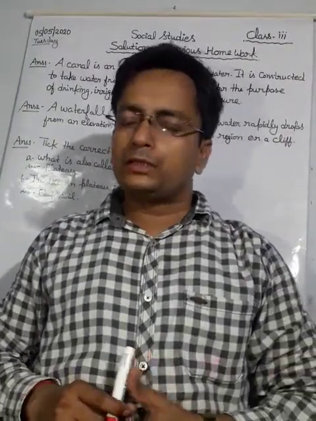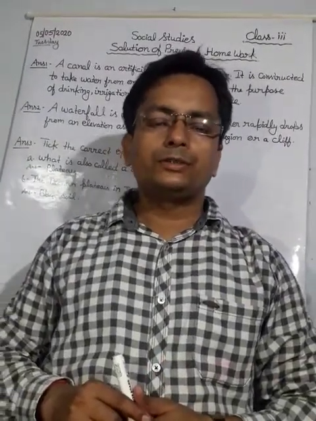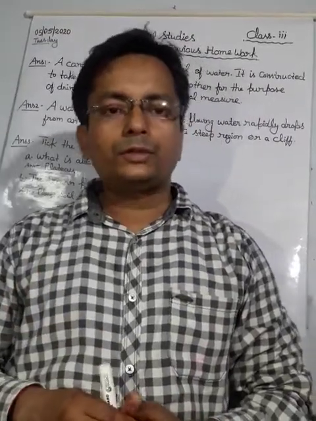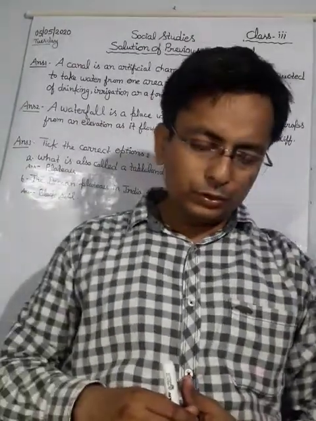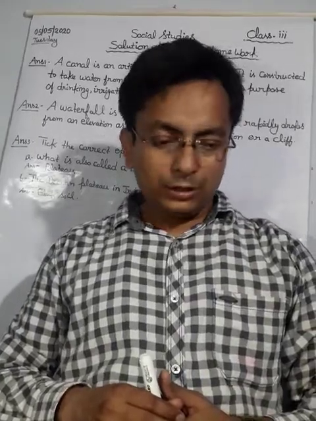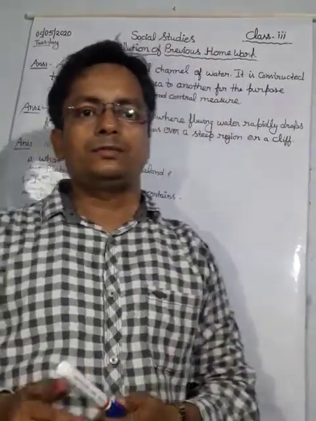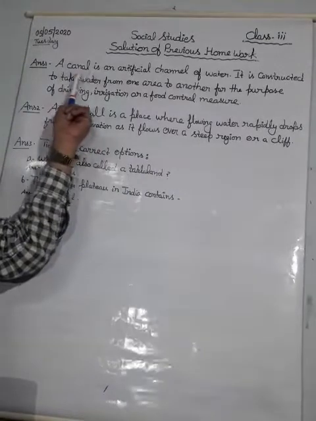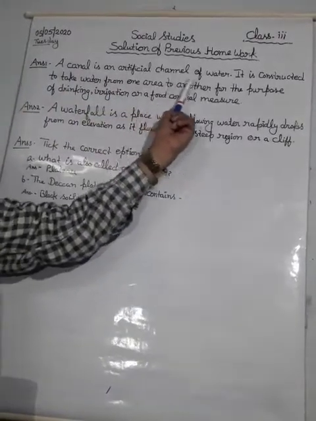First of all, we will start our class from our previous homework that I gave to you. First question is, what is a canal? A canal is an artificial channel of water.